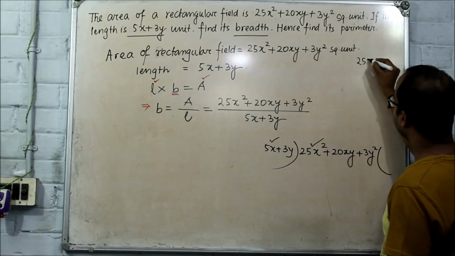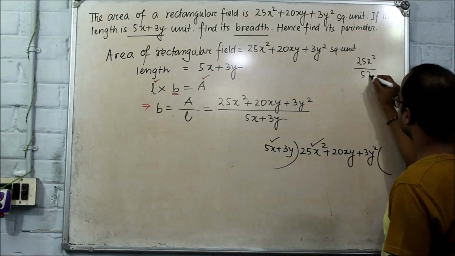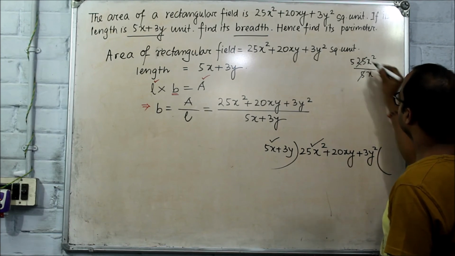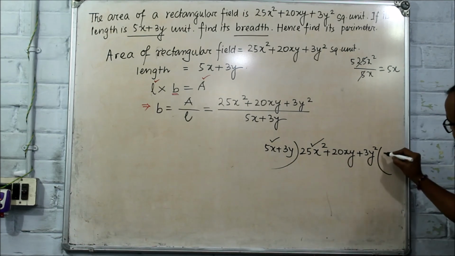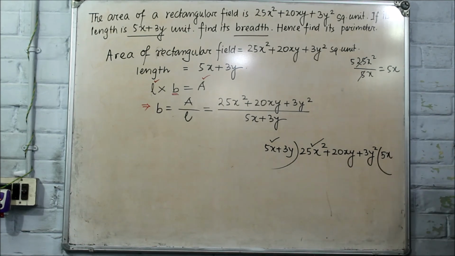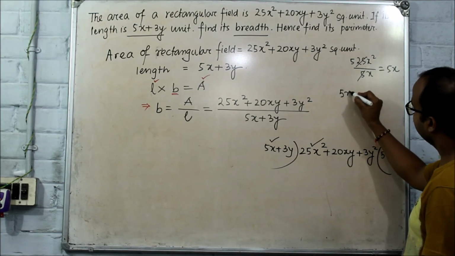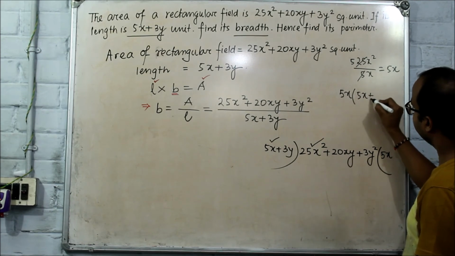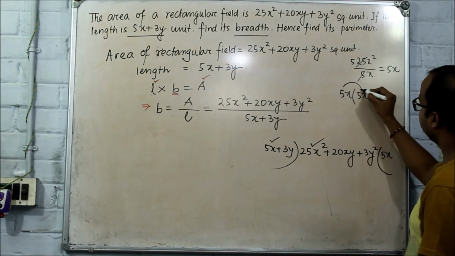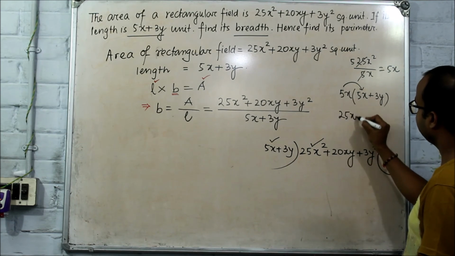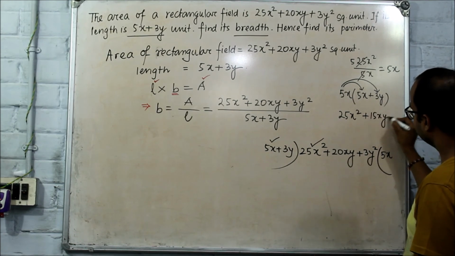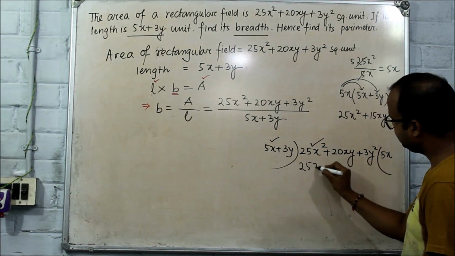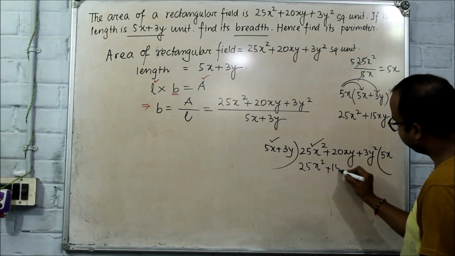So 25x square by 5x is equal to 5x. So here we write 5x. Now this 5x will multiply with 5x plus 3y. 5 into 5, 25x square. 5 into 3, plus 15xy. So here we write 25x square plus 15xy.